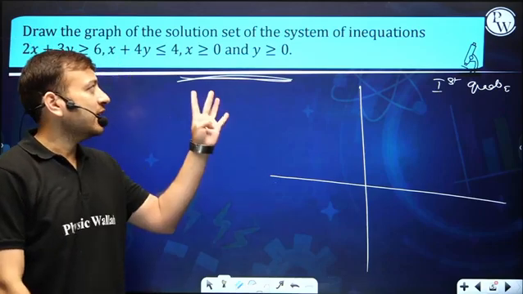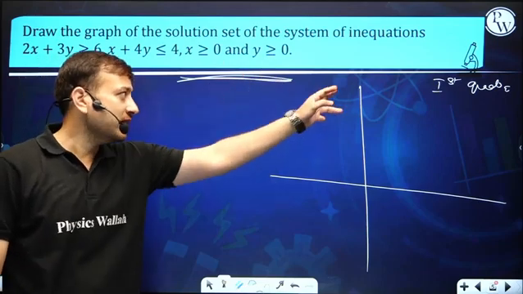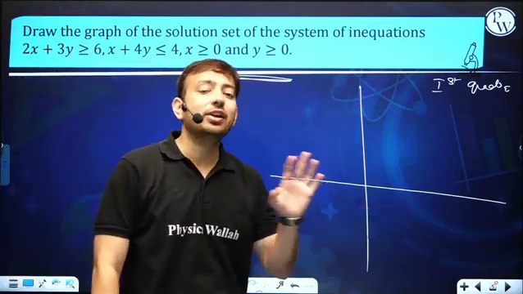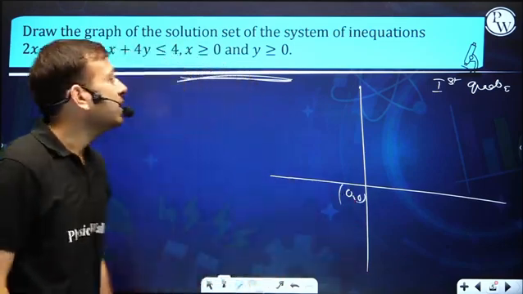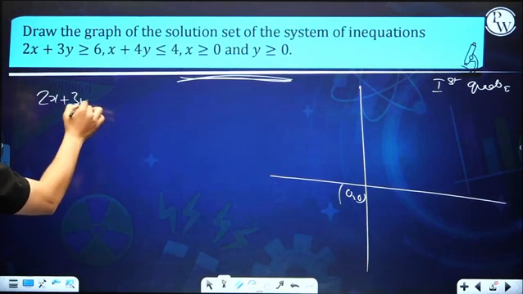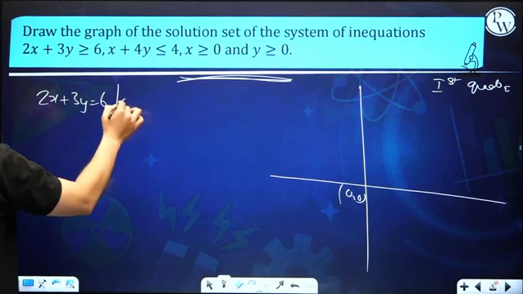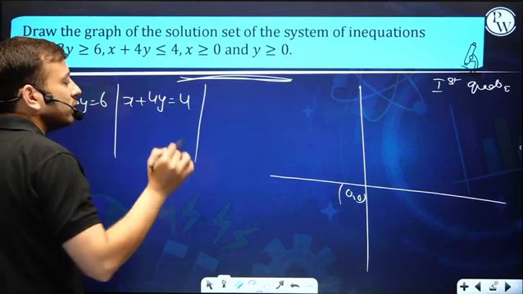Understood? So there are basically four inequalities. And see, it is equals to 0, that means the x and y axes are included. Now, coming to the line. One line is 2x plus 3y equals to 6. And one line is x plus 4y equals to 4.